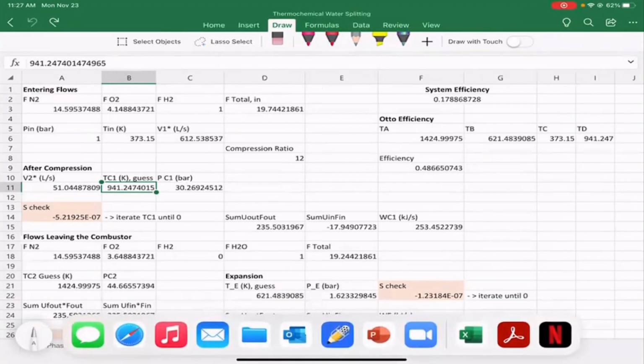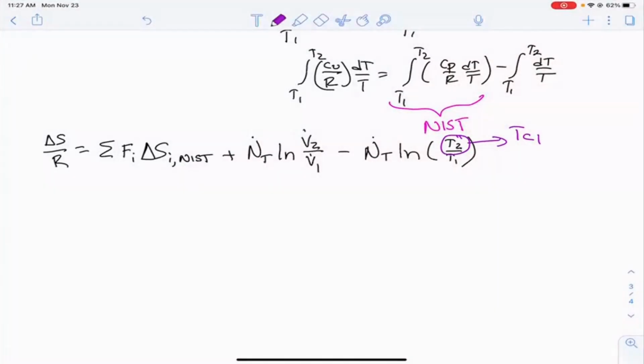And what you find is that that temperature, TC1, equals 941.25 Kelvin. And then we also know, if we know the total flow rate, the temperature, and the volumetric flow rate there, we also can find the pressure leaving, and that's 30.26 bar.